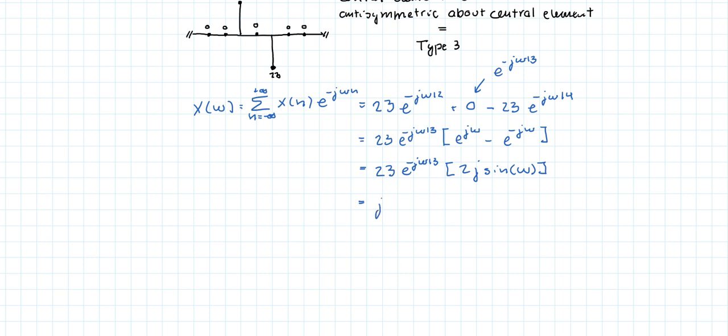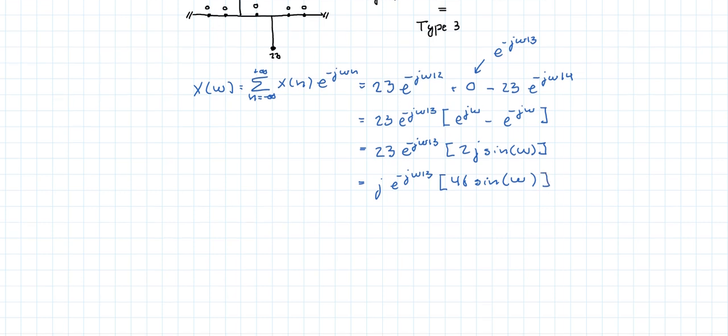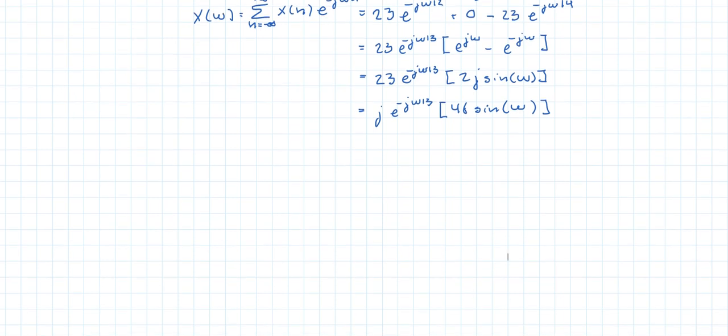J will come here. e to the minus jw13 times 46 sine omega. And so what we have is, in effect, the exponential form.